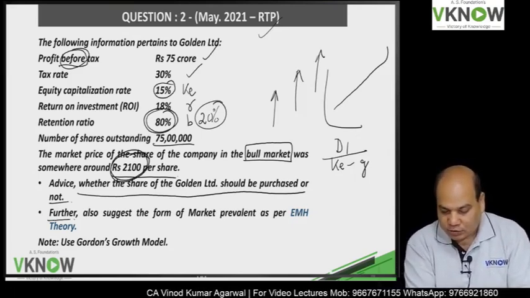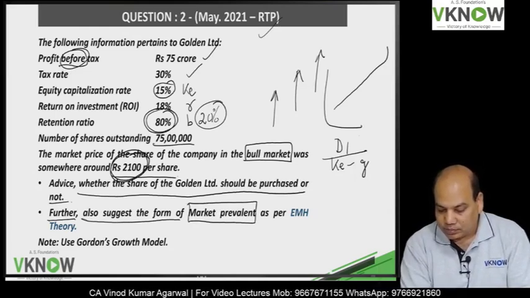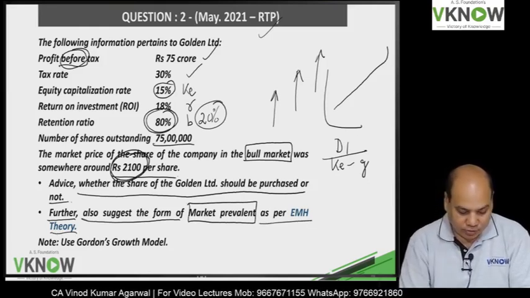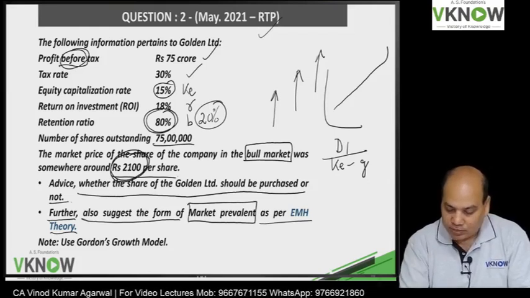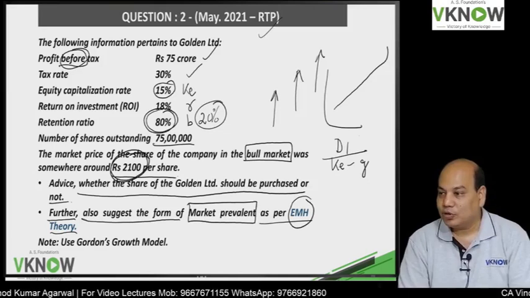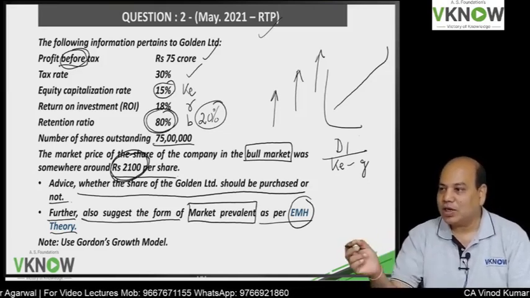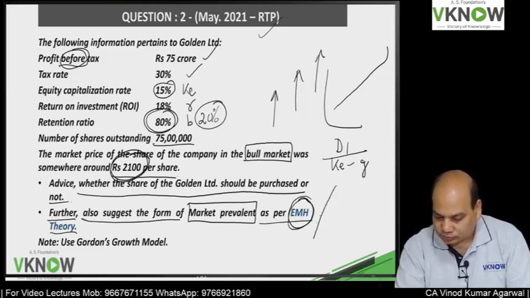After that, another question also suggests the form of market prevalent as per EMH theory. Sir, what is EMH theory? Have you heard EMH? In the portfolio chapter, there is a concept EMH, efficient market hypothesis. So that is why I took this question.